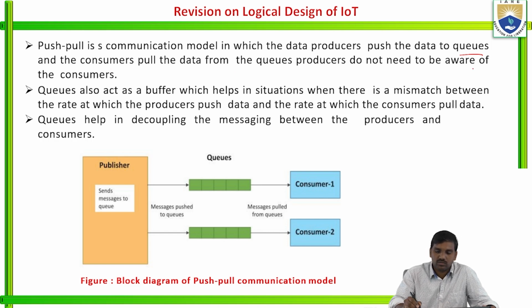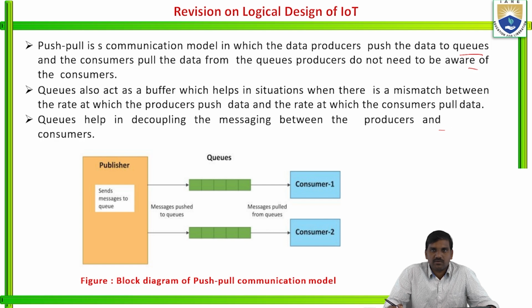Producers do not need to be aware of the consumers. The queues also act as a buffer, which helps in situations when there is a mismatch between the rate at which the producers push the data and the rate at which the consumers pull the data. Queues help in decoupling the messages between the producers and consumers.